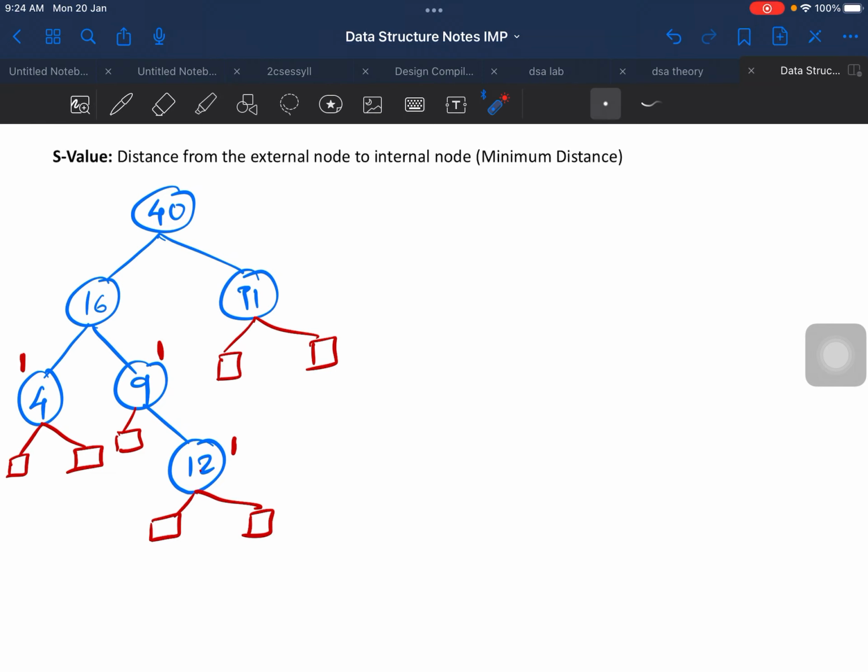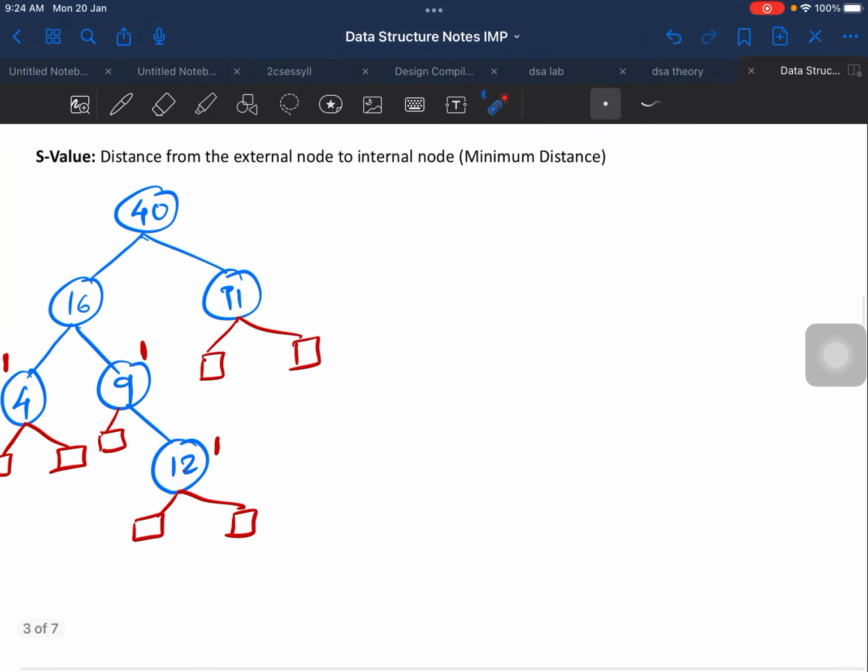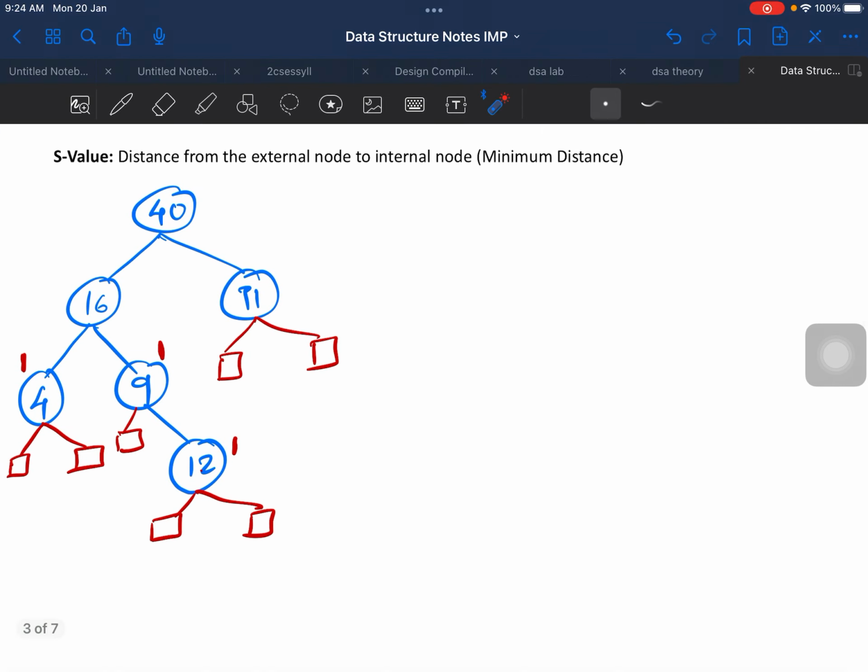Okay, now in this case guys, what we have to do is see the minimum s value of these two children. Both the children have s value 1, so the minimum value is 1 only.